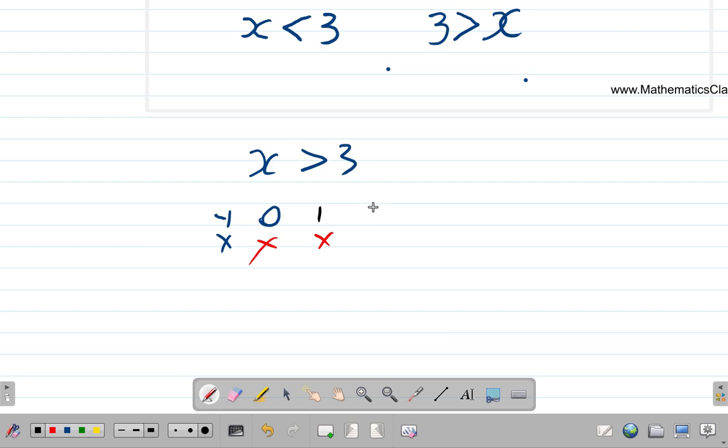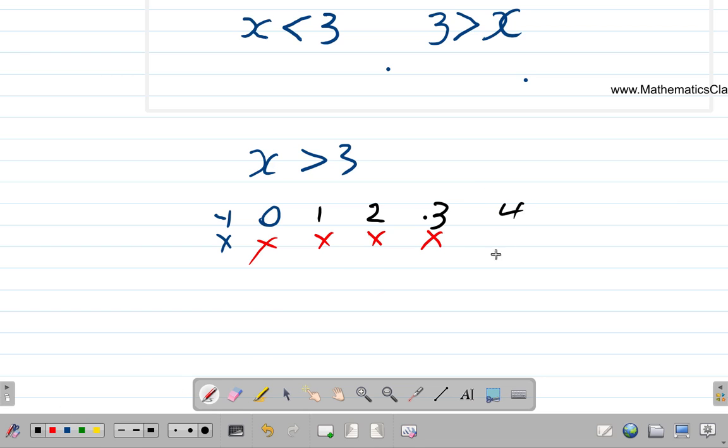Is 2 a value of x? No, because 2 is less than 3 and we want numbers greater than 3. What about 3? No, it must be greater than 3, not equal to 3.